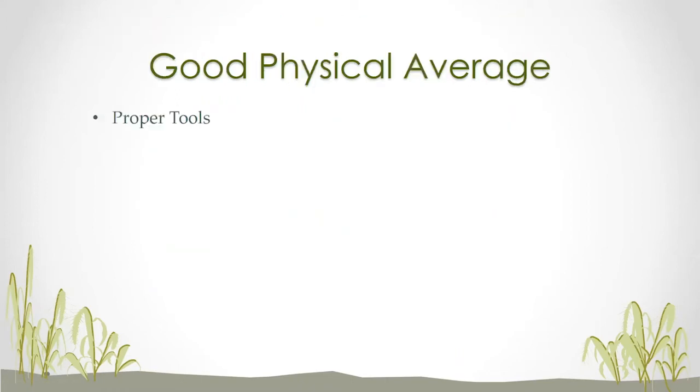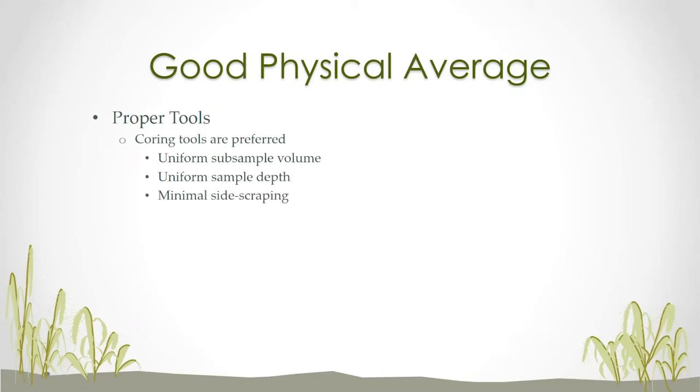So also important to good physical average, besides sampling location and field variability accounting and so forth, is using the proper tools. And I know Jody and I have had a lot of discussion about this in the past in our recommendations on things. With today's sampling technology, and the fact that it's so readily available at a reasonable cost, coring tools are really the preferred sampling tool for taking soil samples, for a number of reasons.